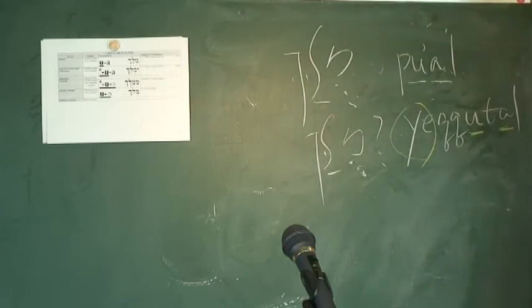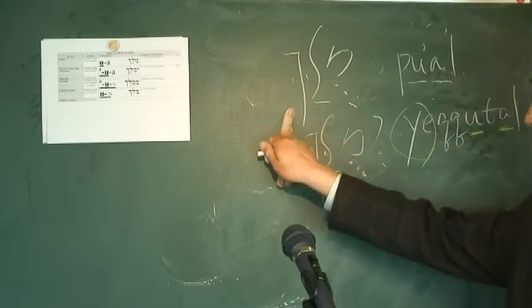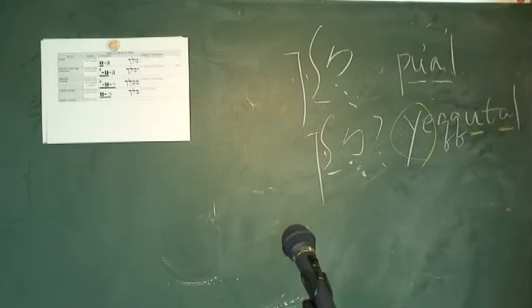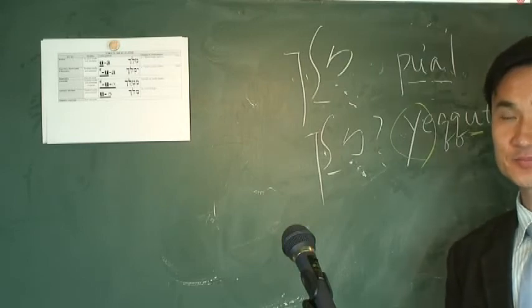Next, we would add the dagesh forte. Hence, it would be yemul-lak. We would use this method to gain the perfect form and the imperfect form, and then we would change the person.